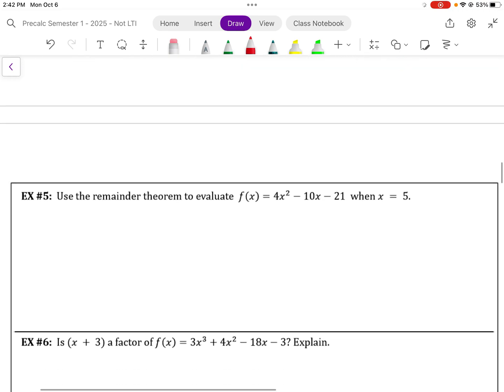Okay, so let's put that into action to actually know what we're talking about here. Use the remainder theorem to evaluate 4x squared minus 10x minus 21 when x equals 5. So the remainder theorem states that I can put that number on the outside of synthetic division.